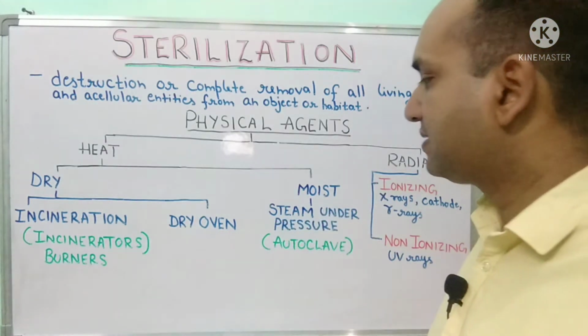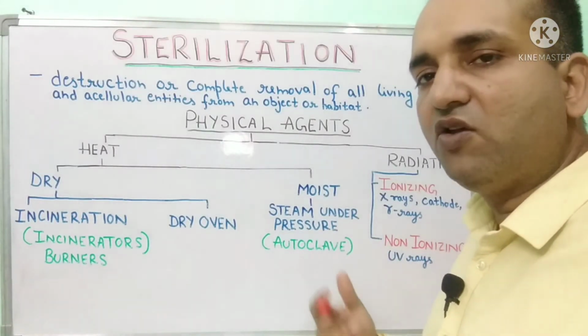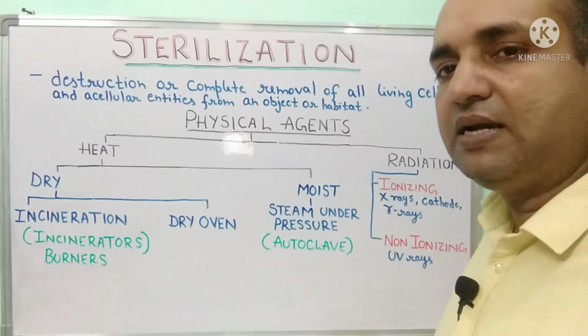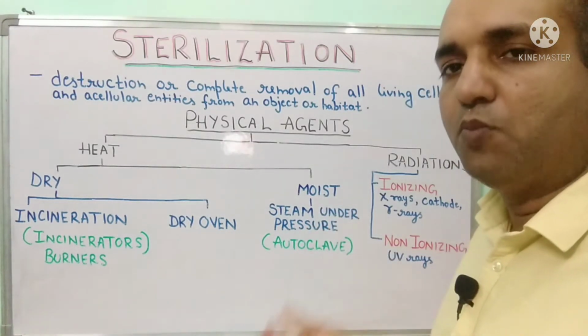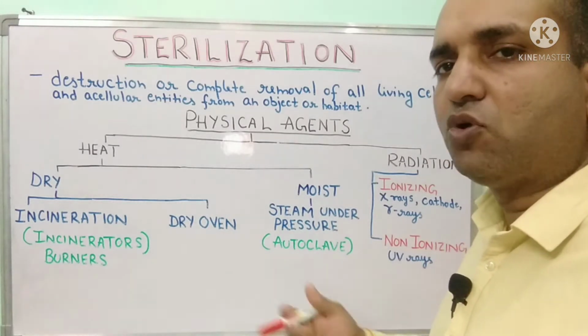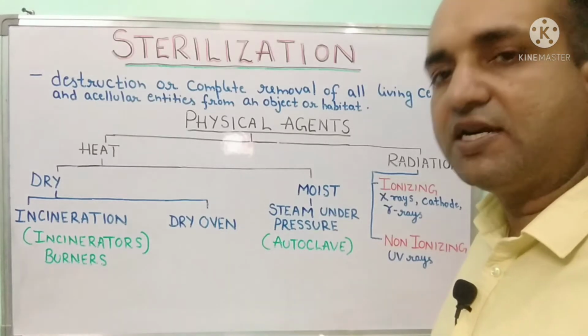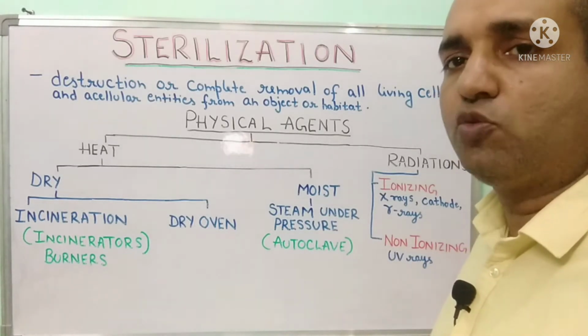Both these methods, dry heat sterilization and moist heat sterilization, are very effective in controlling the microbial population, but moist heat sterilization is believed to be more effective because the steam under pressure penetrates the objects more deeply and destroys the microbial cells more effectively.